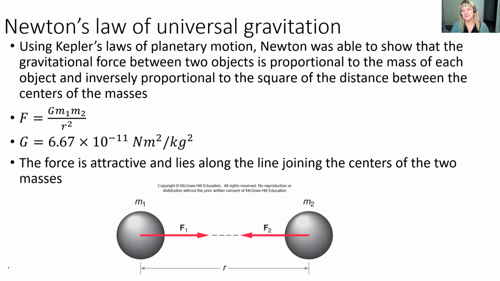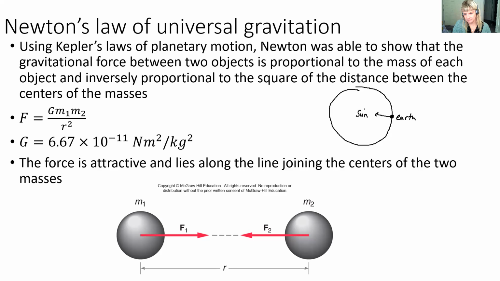Now we've been talking about planetary motion and the planets moving around the Sun. We said that the orbits of the planets are ellipses. If I just look at it like an almost circular path around the Sun, for example, here's Earth.